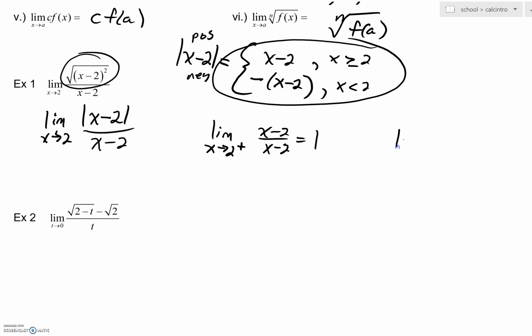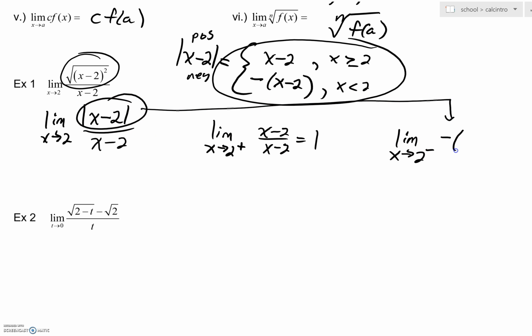A 1. We could check what's happening at 2 from the left, but that means we're smaller than 2. So what is the absolute value of x minus 2 then? It's the opposite. Yeah, it's the bottom assignment. And what would this thing work out to? Negative 1.